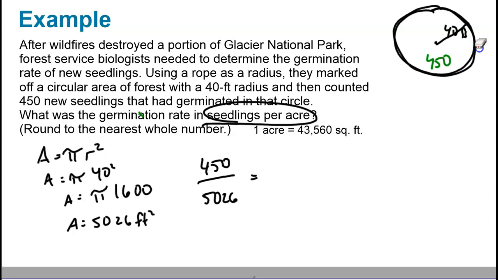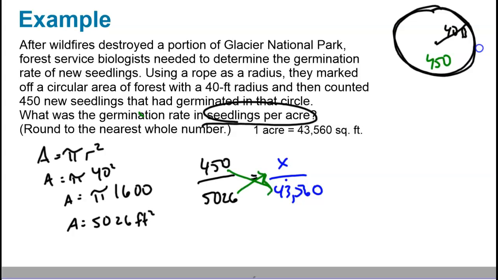We can compare that to X number of seedlings in 43,560 square feet. And we get to do that thing that we like to do when we're using proportions and ratios, and that is cross multiply and divide.